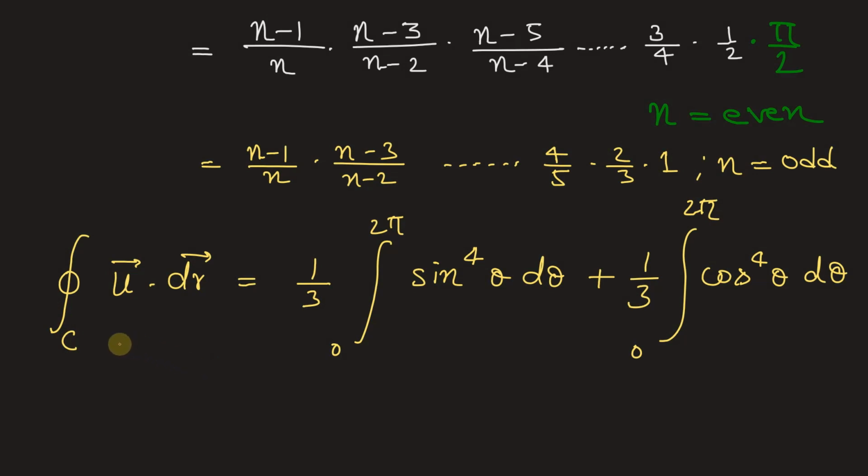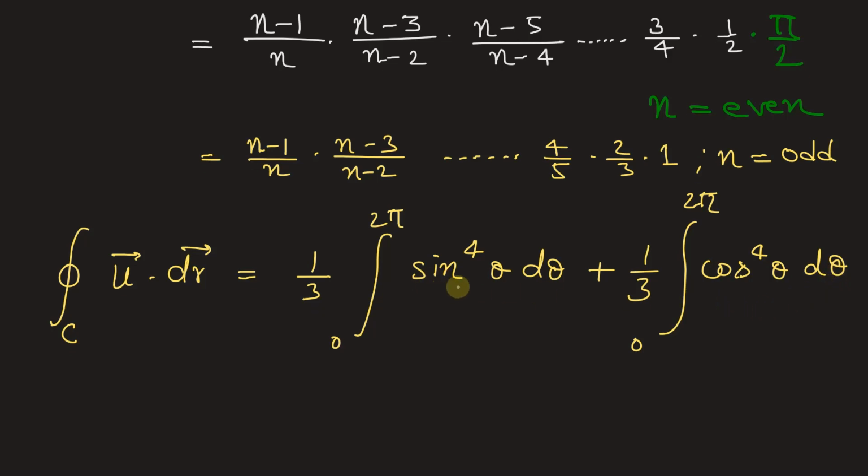Now we need to calculate this line integral. The integral on closed loop C of u vector dot dr vector is equal to one by three integral 0 to 2 pi sine to the power of 4 theta d theta plus one by three integral 0 to 2 pi cos to the power of 4 theta d theta. Now if you see, sine to the power of 4 theta and cos to the power of 4 theta are both even functions.